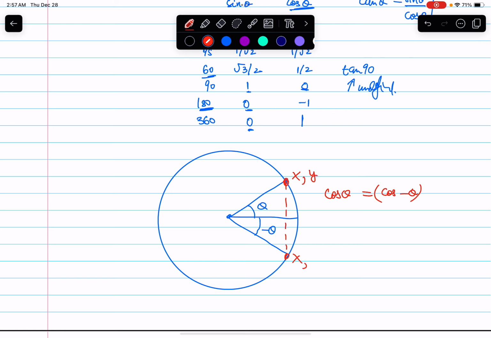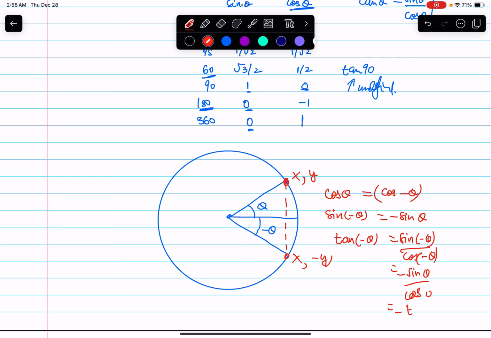But on the other hand, the y values, as you can see, are inverted. So that's why sine of negative theta is equal to negative sine of theta. Okay? So that's where the inversion happens. And so in this case, you can see that tan of negative theta is equal to sine of negative theta by cosine of negative theta, which is negative sine of theta divided by cosine of theta.